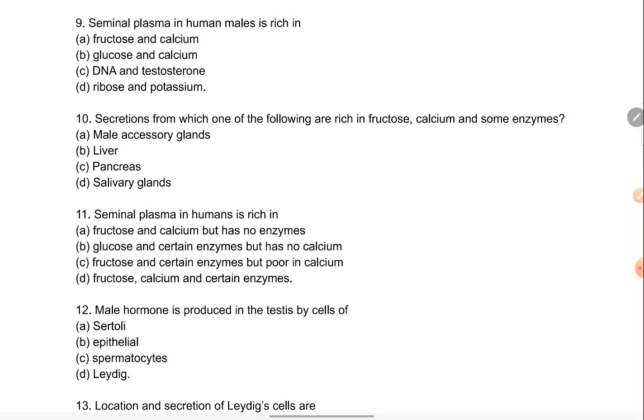Seminal plasma in human males is rich in what? What is seminal plasma? Seminal plasma is the secretions from the accessory glands of the reproductive system. Accessory glands are the additional glands in the male reproductive system.